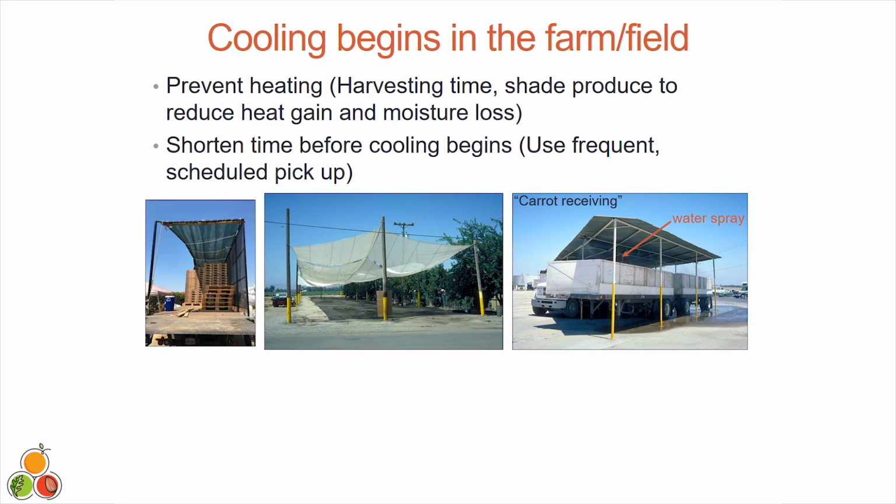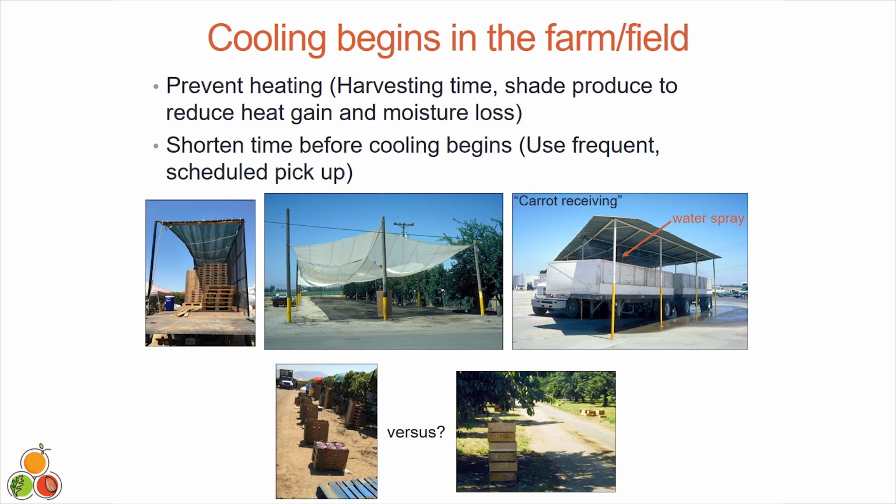Use frequent scheduling; the harvesting schedule could be at night and so on to enhance that. This is a carrot receiving facility that uses water. As water soaks the carrots, there's some evaporative cooling effect, and therefore you get a reduction in temperature and some cooling. And look at this. This is the truck that is right there, and as they're harvesting, all their boxes are right there in the sun.